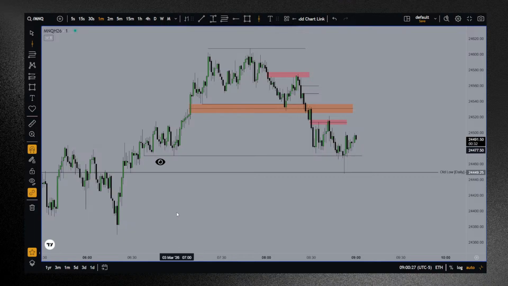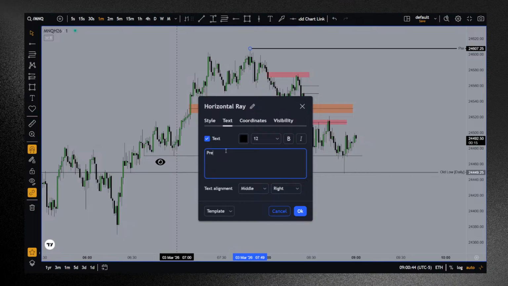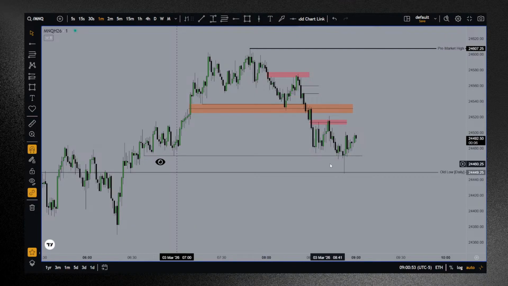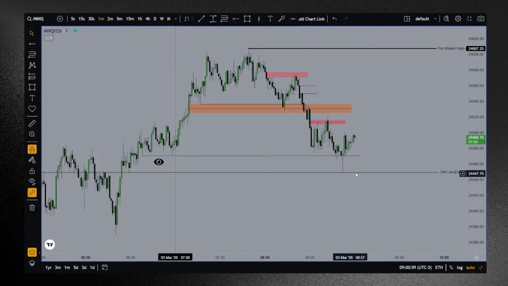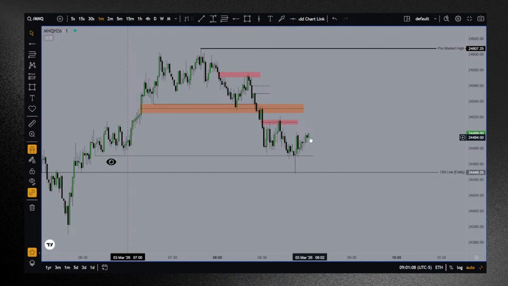So we'll go basically to the 7 a.m. and we will mark out this high as the pre-market high, and the low is basically at the old low here, so I will not be annotating that because it will be too clustered, and that's where the liquidity will be before the 9:30.